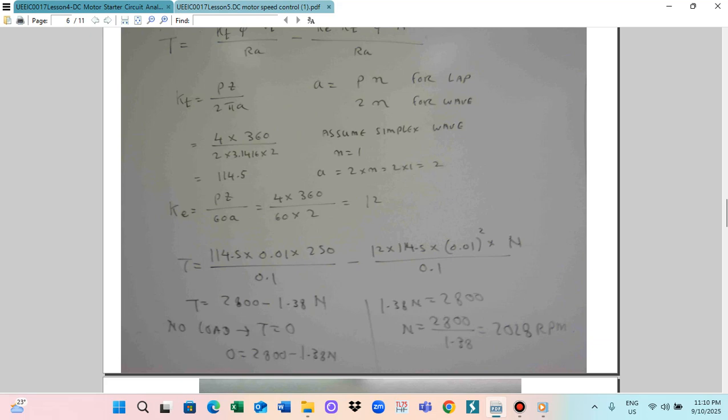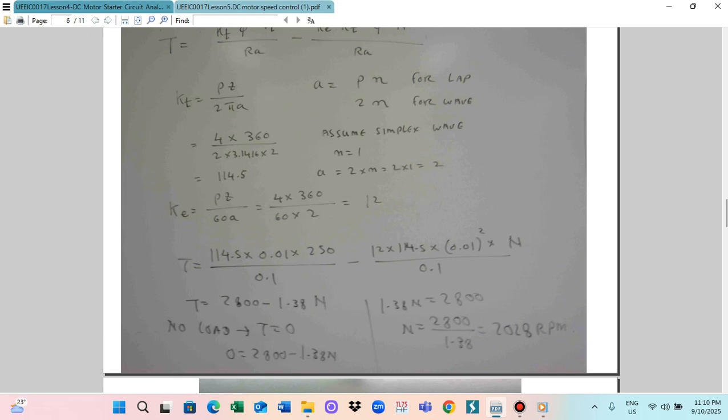Another thing is that we also need to calculate the no load speed. At no load, there is zero torque. Zero torque is the no load speed. So from this equation, when the machine is running without load, we can calculate what the speed will be. No load solution is T equal to 0.